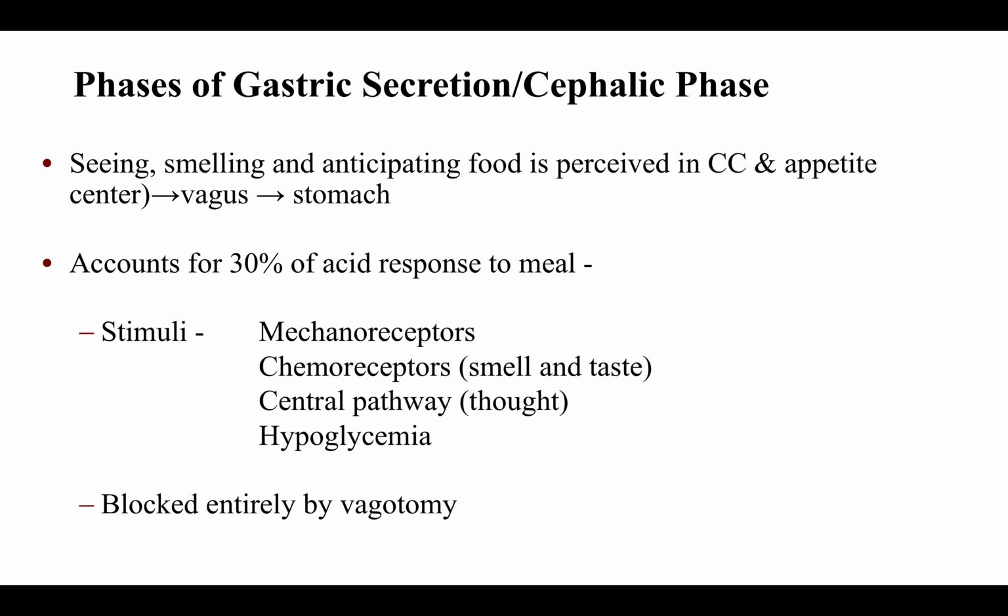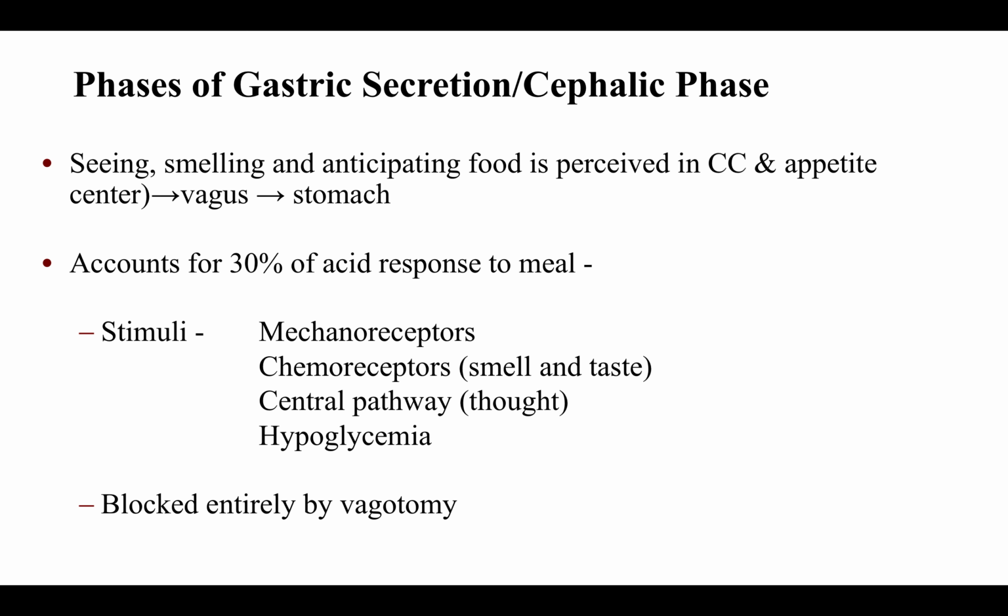The stimulations act through either mechanoreceptors or chemoreceptors, the smell and taste receptors, or central pathways like thinking about the food, and hypoglycemia. So hypoglycemia would result in increasing the gastric acid secretion.